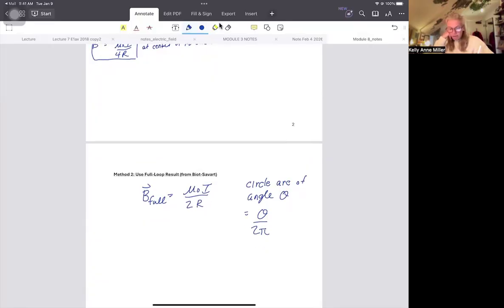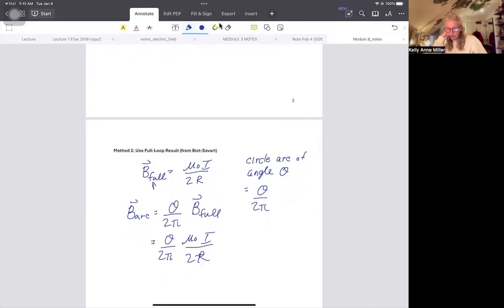So if I want to find the B field of some non-specific arc, I would just multiply that ratio, theta over 2 pi, by the B field of the full thing, which is this. That gives you theta over 2 pi times mu naught I divided by 2R.